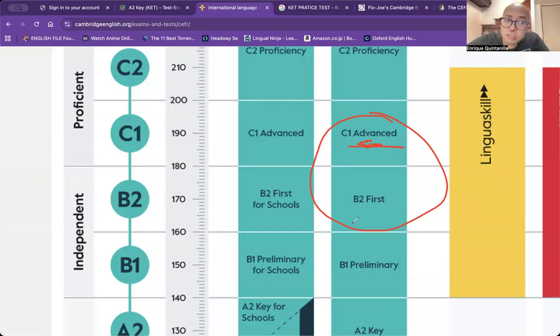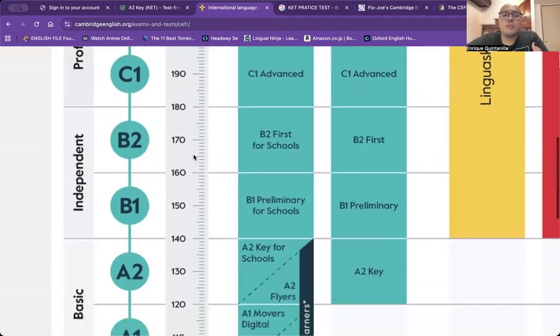It's not about units, it's about all you have learned about the language and using it: use of English, vocabulary, listening, writing, speaking as well. It is to show that we can comprehend and understand simple phrases or things like that.